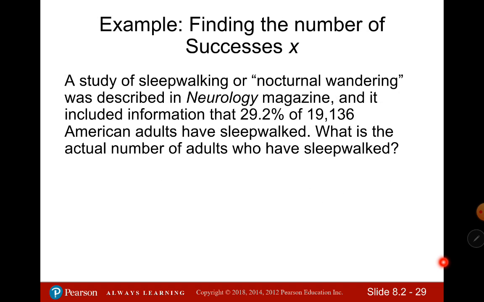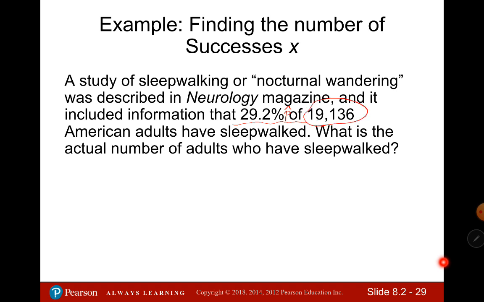So let's check this question. In this example we have this percentage, 29.2%. This is our p hat, the proportion from the sample.